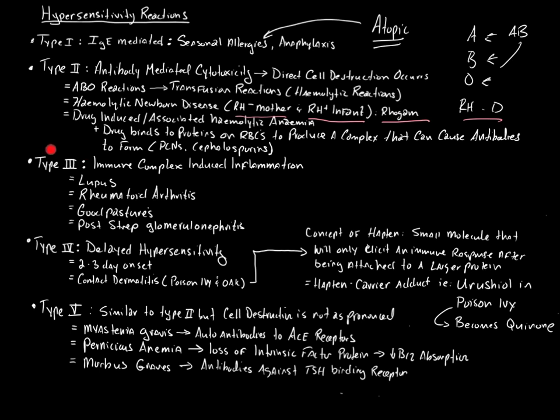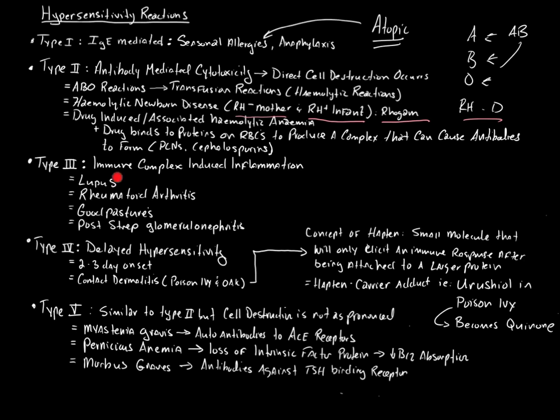Okay, type 3 hypersensitivity reactions are immune complex induced inflammatory reactions. So they're not directly cytotoxic. This is an inflammatory response, and there are many types of disorders that fall under the umbrella of a type 3 hypersensitivity reaction.